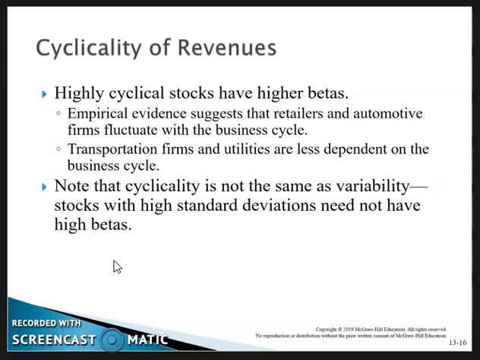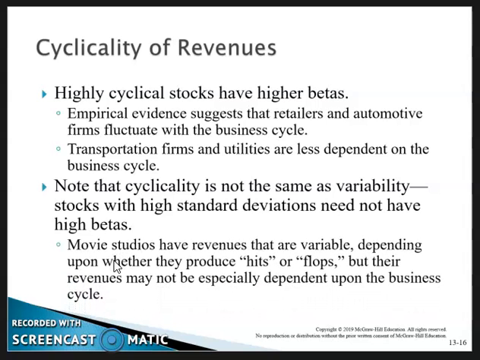Cyclicality is not the same as variability. Stocks with high standard deviations need not have high betas. For example, movie studios' revenues are variable depending on whether they produce hits or flops, but their revenues may not be especially dependent on the business cycle.